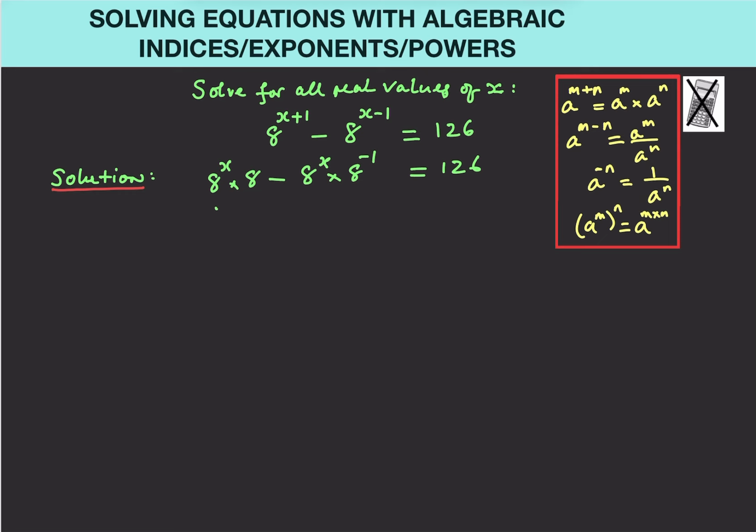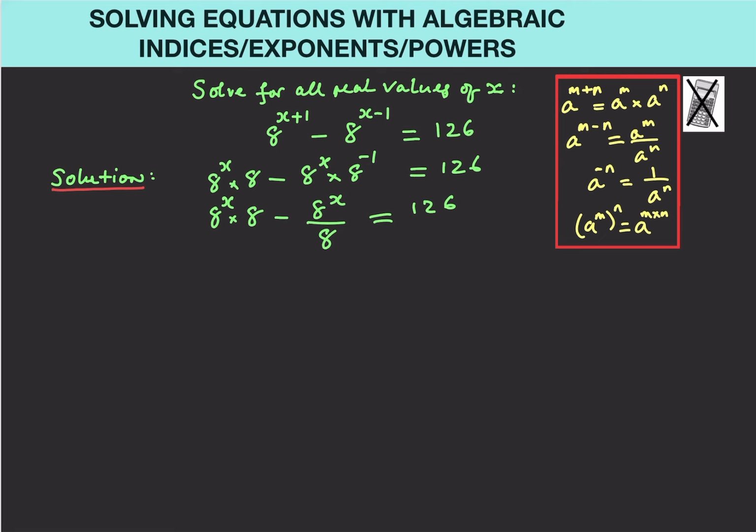So on the next line, this will be 8 to the x times 8 minus 8 to the x times 1 over 8. That's the same thing as putting the 8 underneath there. And that is equal to 126.